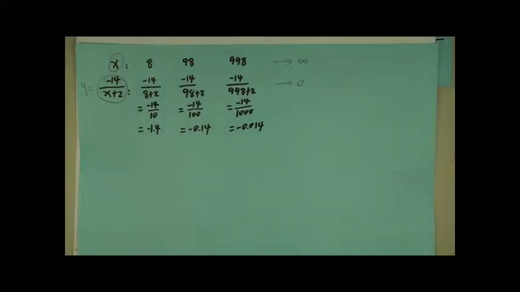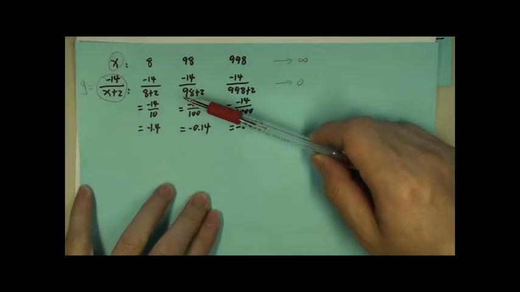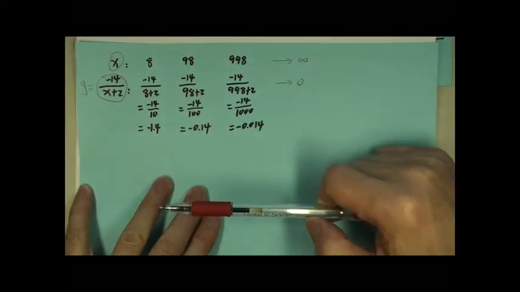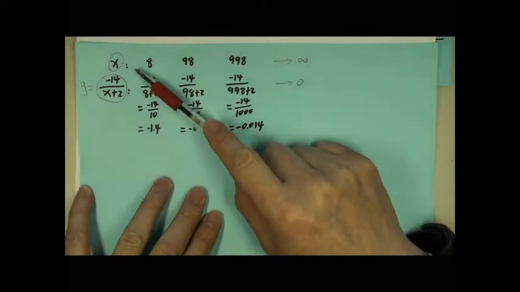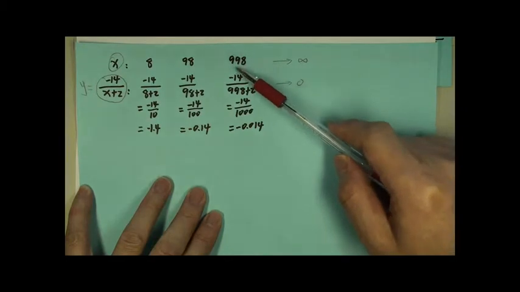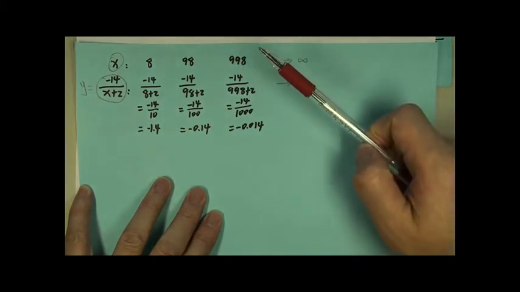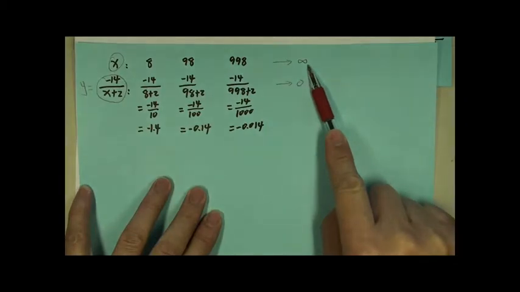Before we do a new lecture, let's see this example. This example says that x can choose 998. So you see x gets bigger and bigger, goes to positive infinity.